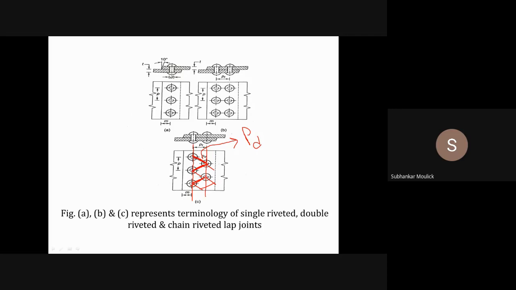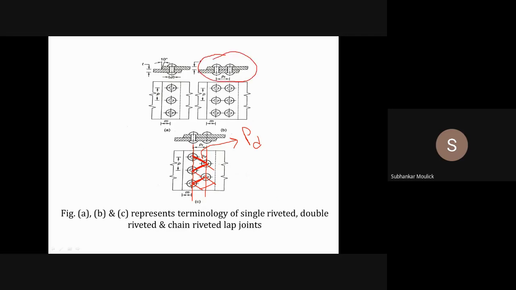Is it clear what diagonal pitch is? Yes, sir. So remember, this is your diagonal pitch. Any doubt so far? No, sir. So can you tell me, in the second diagram, which diagram is this?